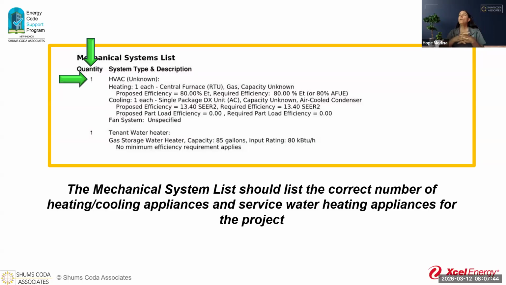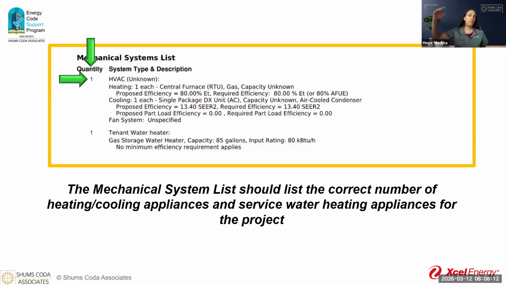So if you have 5 of this specific type of system, then our quantity here really should list 5. Now you could have one like this, and then one that instead of having 60,000 BTUs, it's 80,000 BTUs. So then you're going to have a second one, and then maybe there's one of a different efficiency.